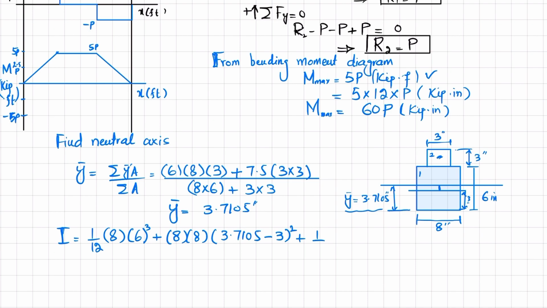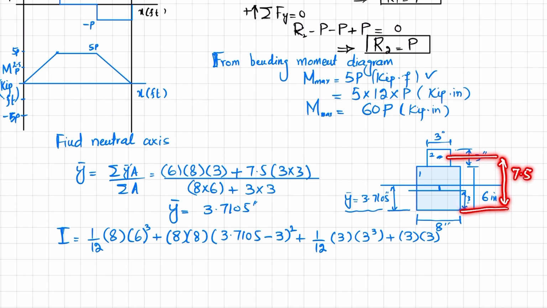Okay, plus now we will talk about the second portion. So 1/12, base is 3 and height is 3 cube, plus area 3 multiplied by 3 into d square. Now you can see this d is the distance from this centroid till this. This distance was 7.5 inch.